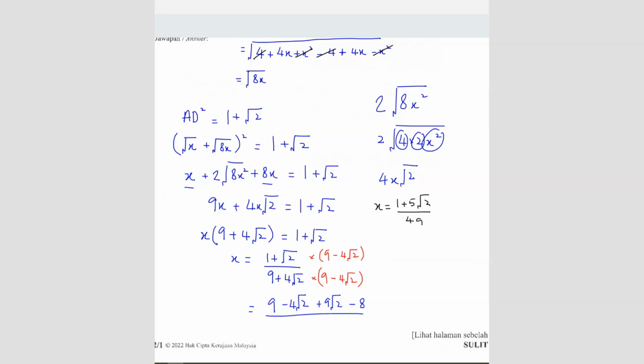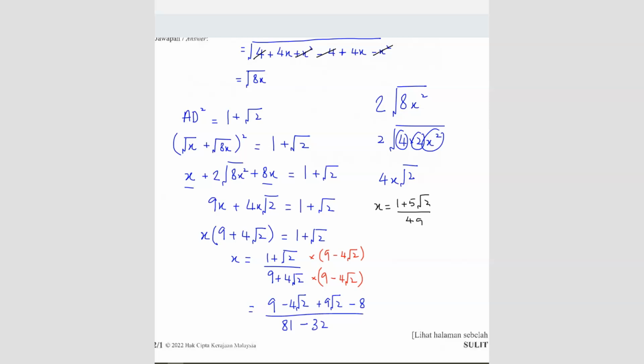Over, so here you get 81 minus, so 4 root 2 times 4 root 2, you get 8, correct? Let me see, sorry, not 8. 4 times 4 is 16, 16 times 2 is 32.